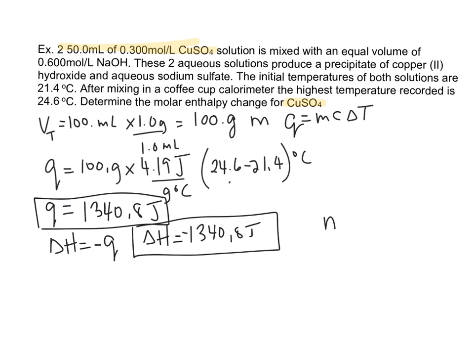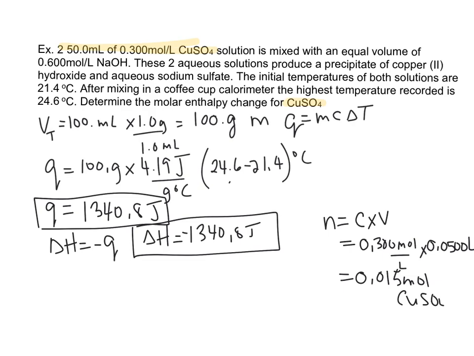So we're going to use moles is equal to the concentration times the volume, 0.3 moles per liter times, your volume has to be in liters, so we have 0.015 moles of copper 2 sulfate.